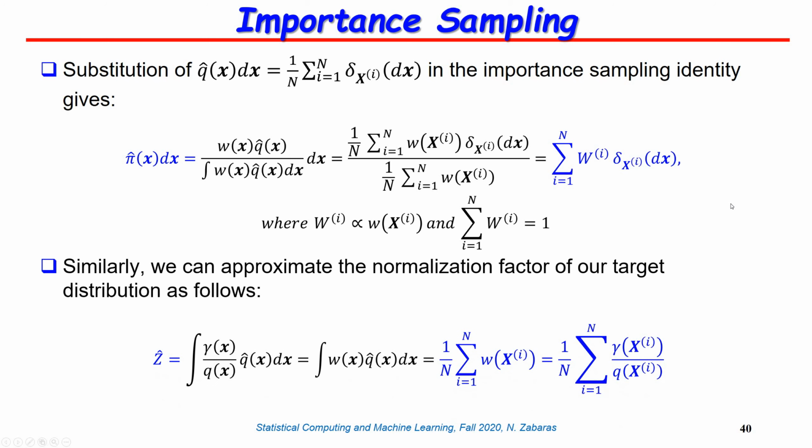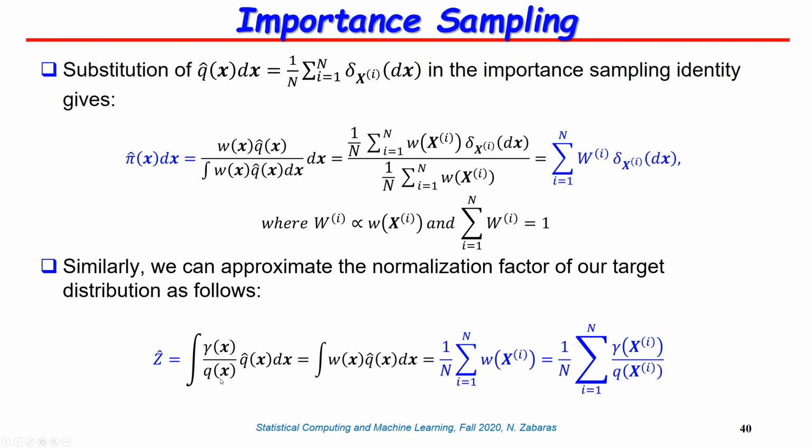Now, the way that I have done the evaluation here in the denominator, you can see that immediately transfers to the idea of computing an estimate for the normalization of my target distribution. Remember, my target distribution, the unnormalized target is gamma of x, all right? So really what I need is to compute an approximation of the integral of gamma of x dx.